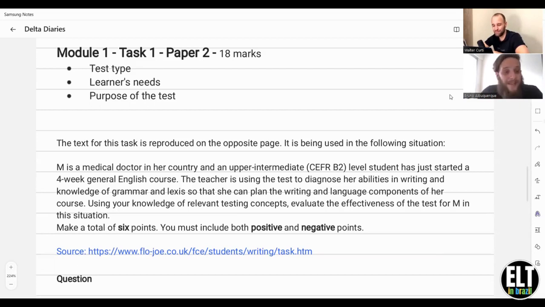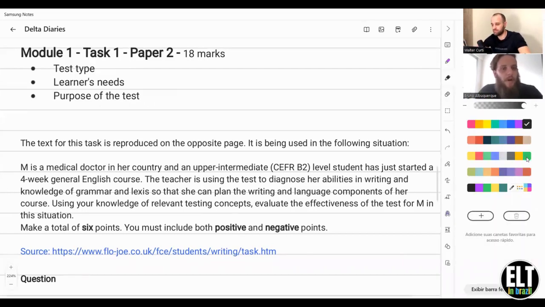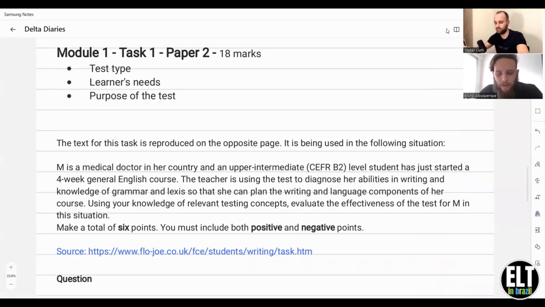So this task has you analyzing a piece of an assessment tool for a specific purpose, for a specific student at a specific level. And your job here is finding positive and negative points.